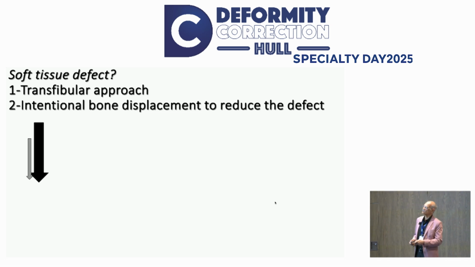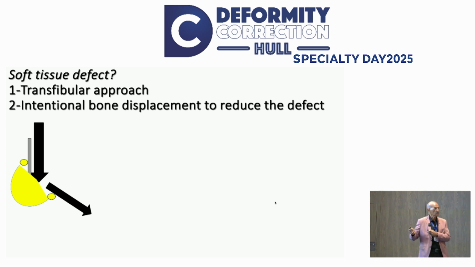This is the tibia, this is the fibula, and this is the foot, and this is the soft tissue defect, a big defect. After debridement, as you see in the picture, it is going to be even bigger.